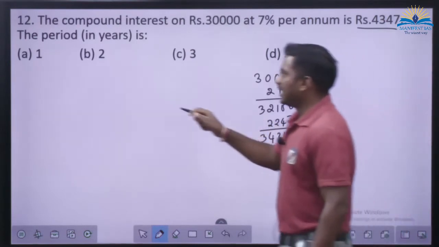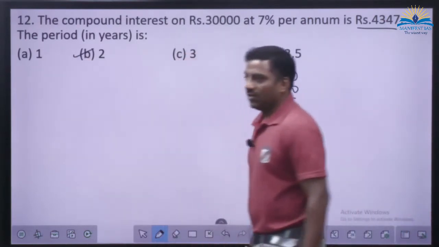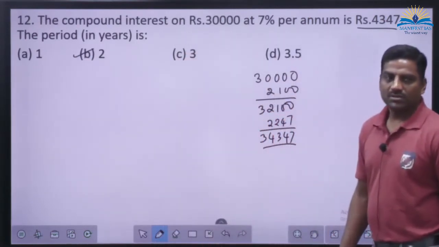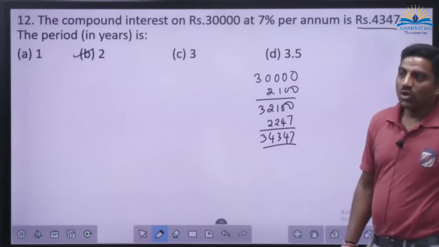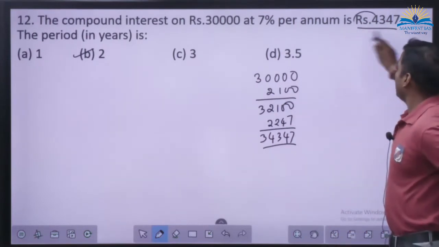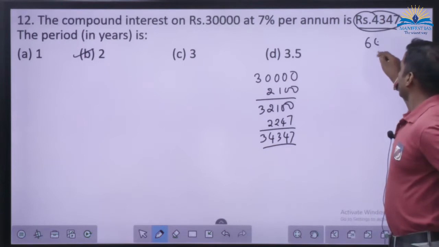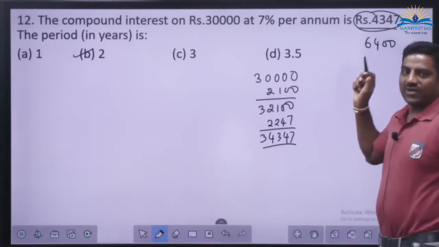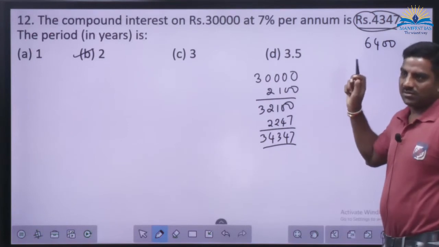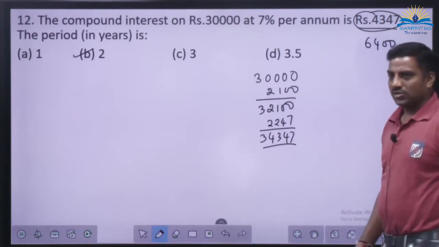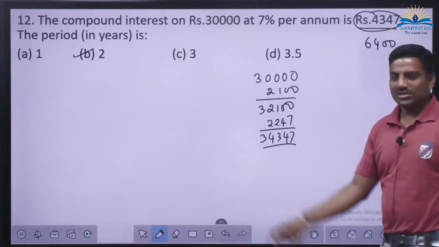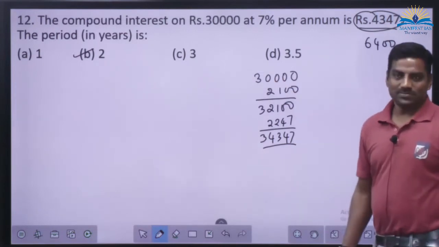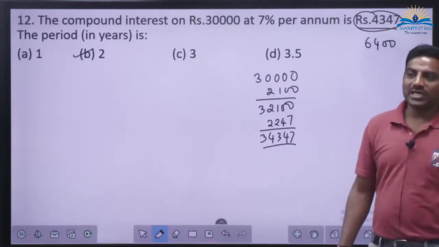So in 2 years, we are getting the compound interest as 4,347. Yes or no? Okay, if this was given somewhere close to 6,400 or 6,500, it would be 3 years. So that is how our mind should run, because year calculation is simple. Year calculation will not take much effort.